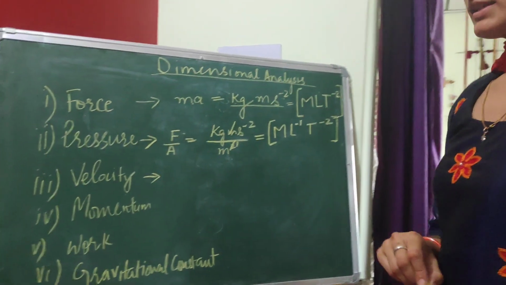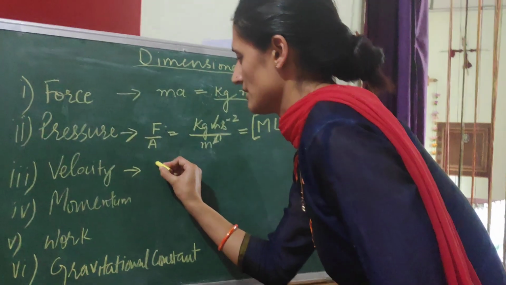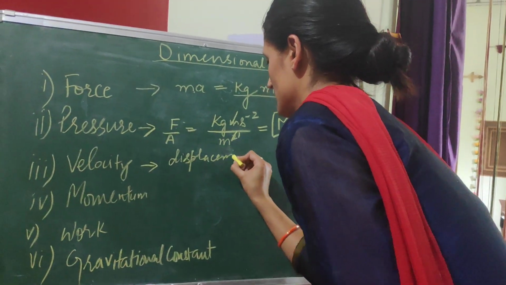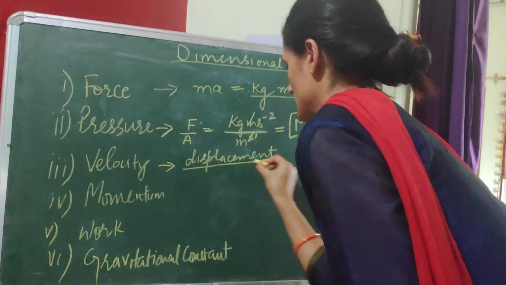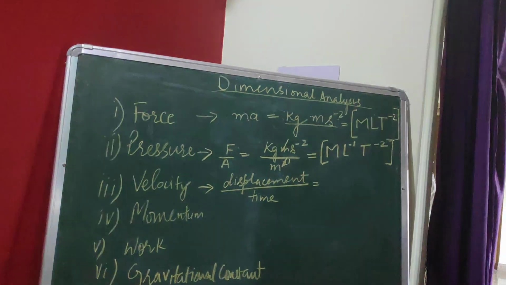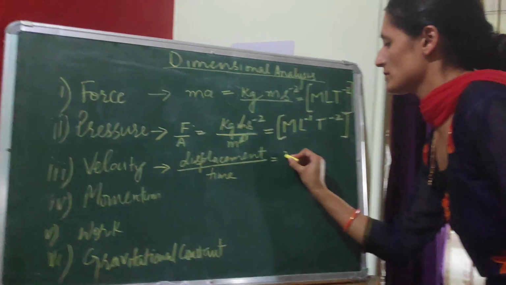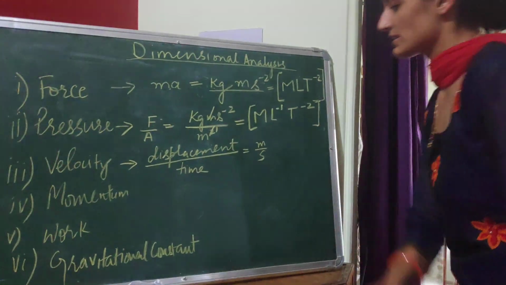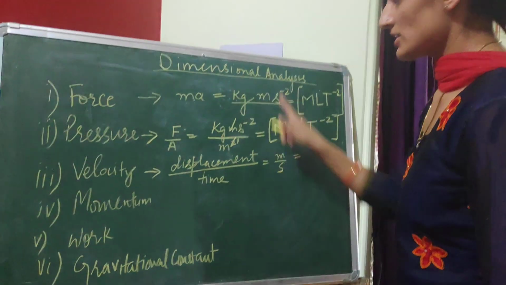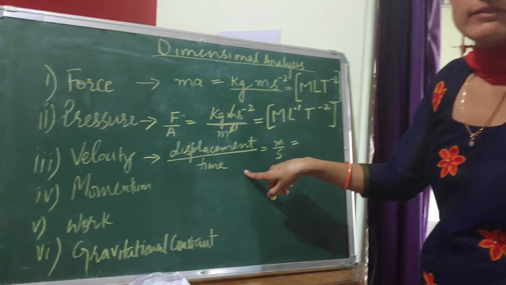Velocity: what is velocity? Displacement upon time. Displacement is basically a length, so we can take it in terms of meter only, and time is in seconds. This is the only physical quantity till now where we don't have mass.